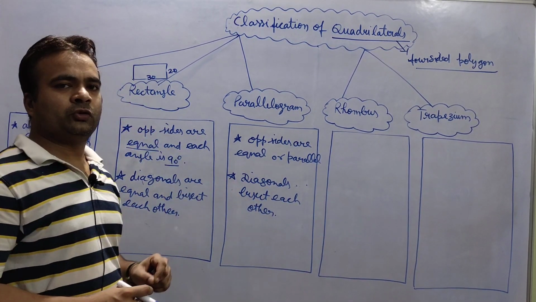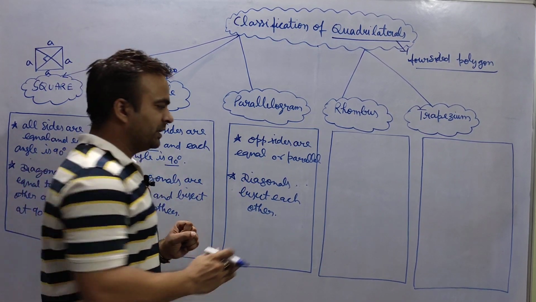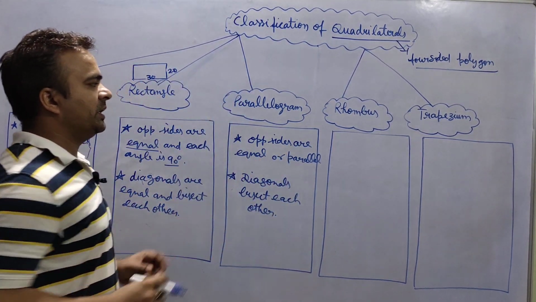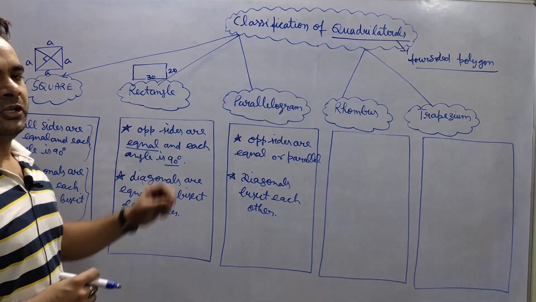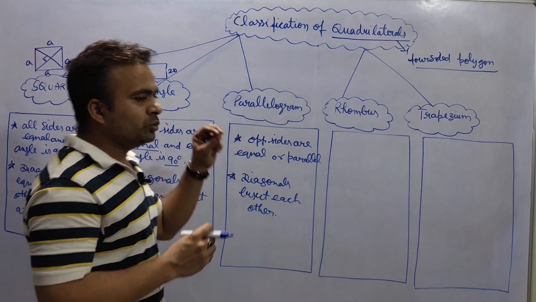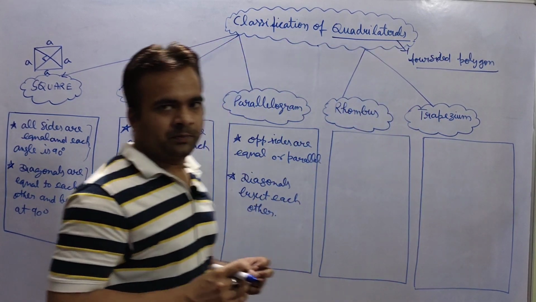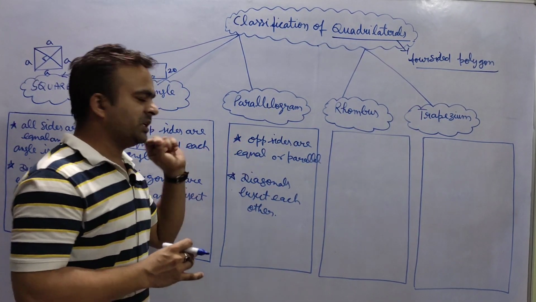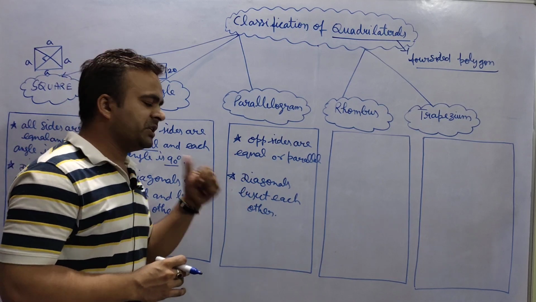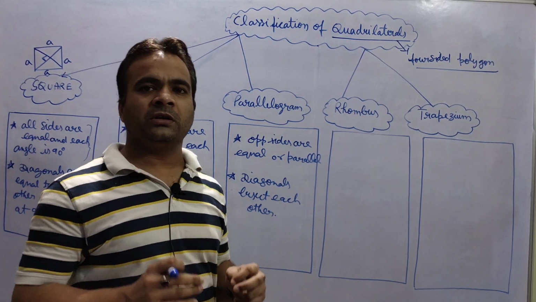But one condition should be there: diagonals bisect each other. If diagonals bisect each other, then we can say that yes, it is a parallelogram. So to justify that it is a parallelogram is very easy, because we only have to check whether opposite sides are equal or parallel, or whether diagonals bisect each other or not.